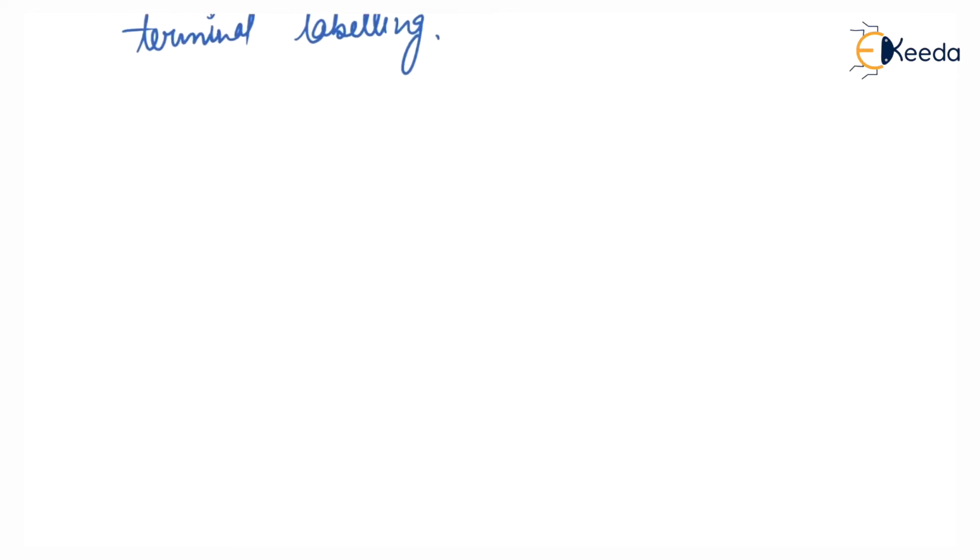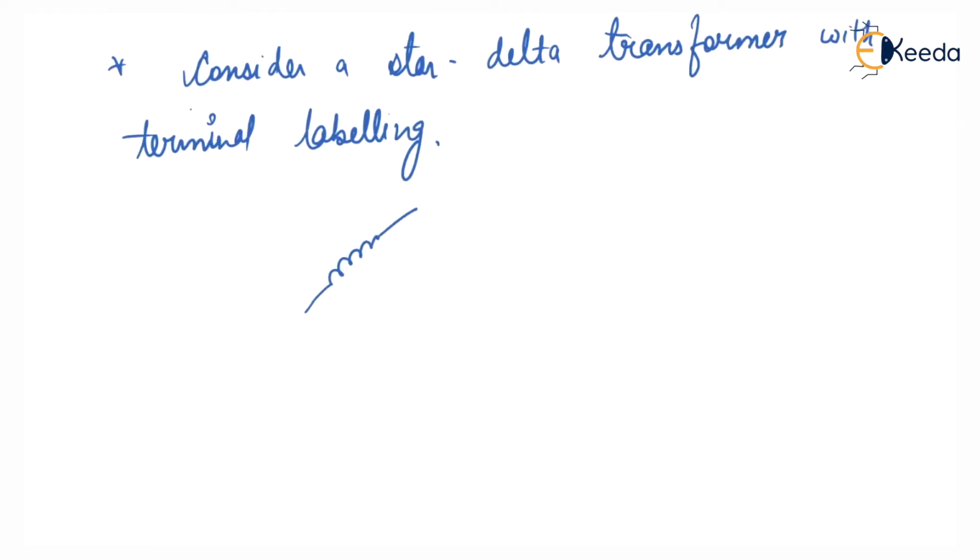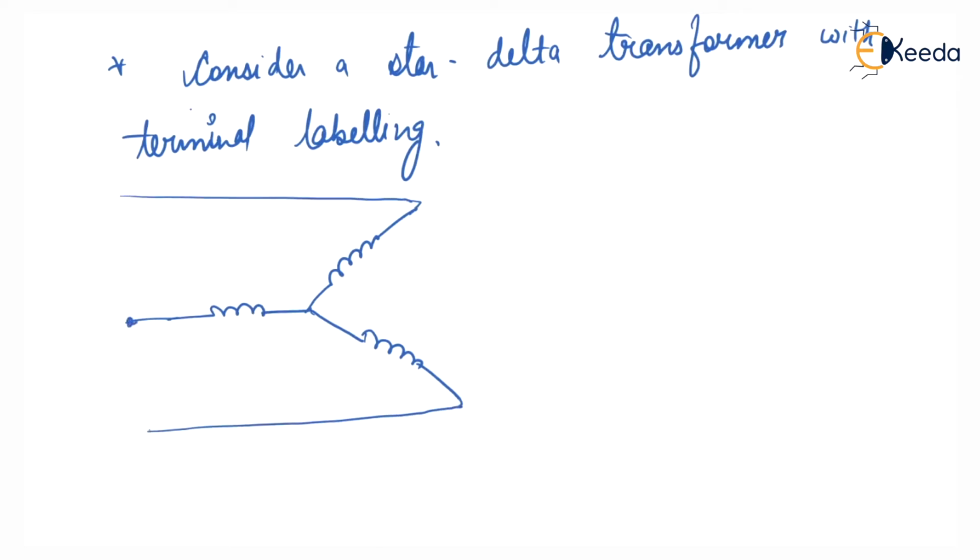So I'll show you in the diagram. Star, phase A, phase B and phase C. This is neutral.